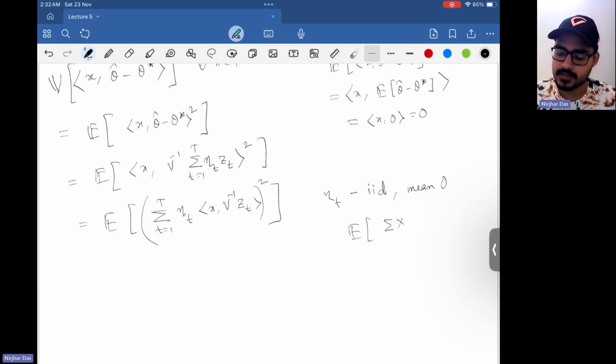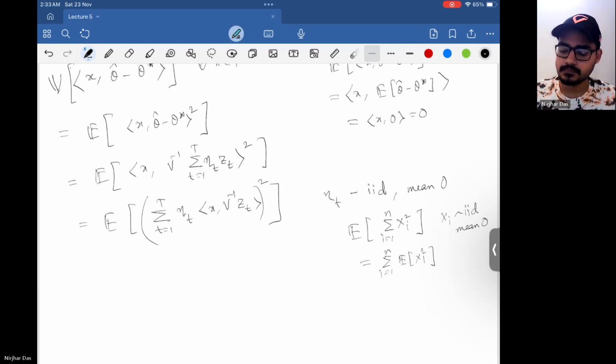If you have the sum over i equals 1 to n of xi, squared, where the xi are IID mean 0, then this thing is exactly equal to the summation i equals 1 to n of the expectation of xi squared, which is again the summation of the variance of xi. And since they are IID, we get n times the variance of xi.